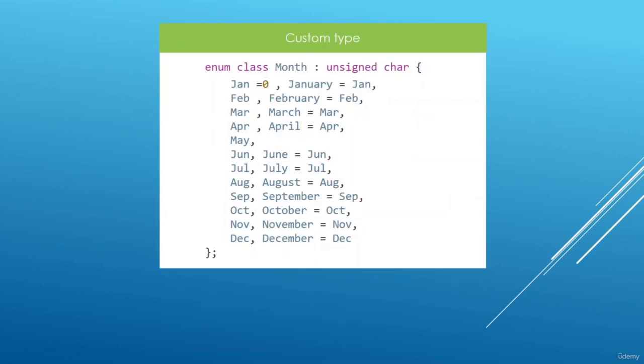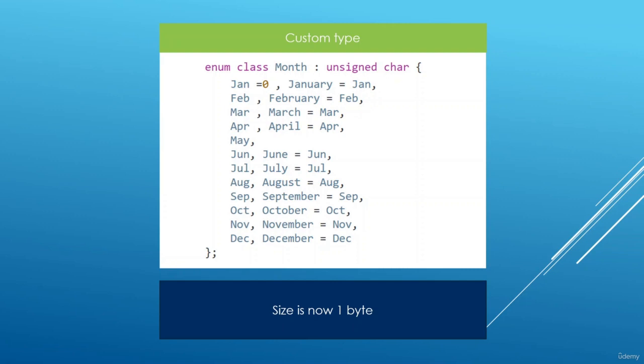Okay, we have seen that the default type associated with enum classes in C++ is int, but you can change that. The syntax to do that is to put, after your type name, a colon and the integral type you want associated with your enum class. So if we do this with an unsigned char type, our range is going to be limited to what is representable by an unsigned char, and we know that this goes from 0 all the way to 255.